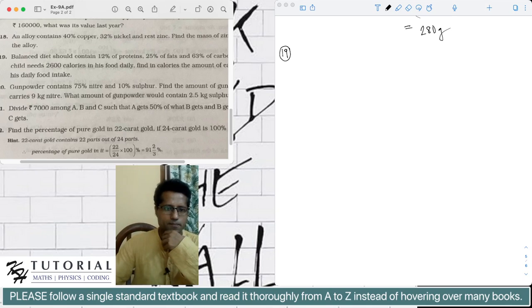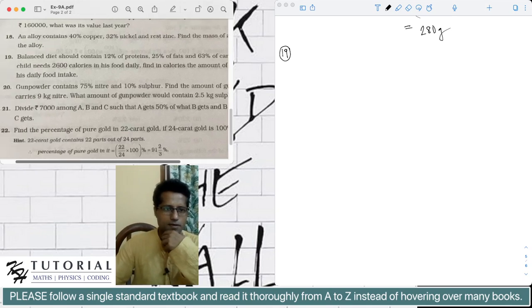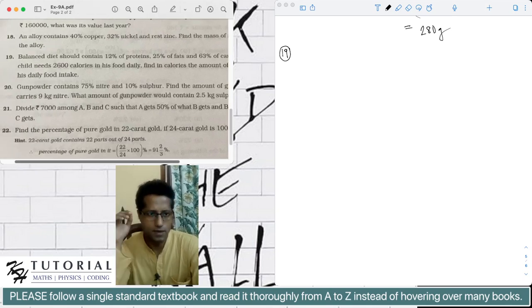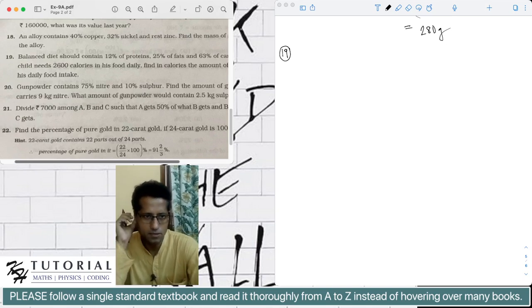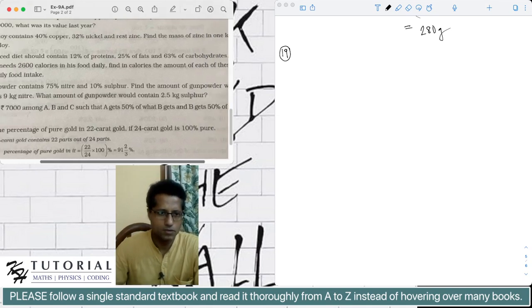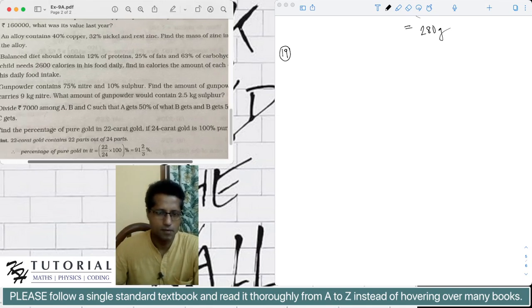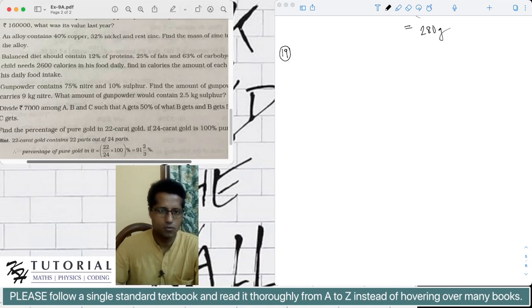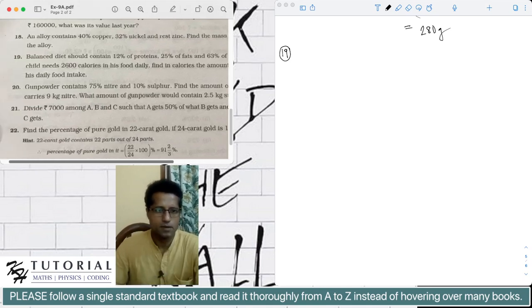That is, the calorie requirement of a child per day is 2600 calories. So find in calories the amount of protein and fat and carbohydrate. So the problem is asking what is the calorie amount of protein in the daily food intake, and of fat and carbohydrate.